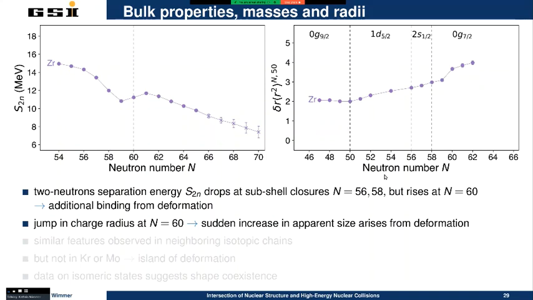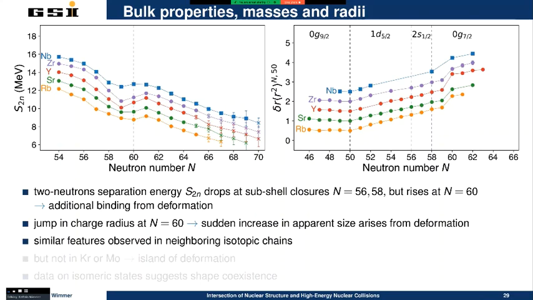So these two things are indications of deformation, but it's a very localized feature, in the sense that if you plot this for other isotopic chains, you still see it. For example, in strontium you see a very similar behavior, or yttrium, and the same jump in the charge radius at neutron number 60.